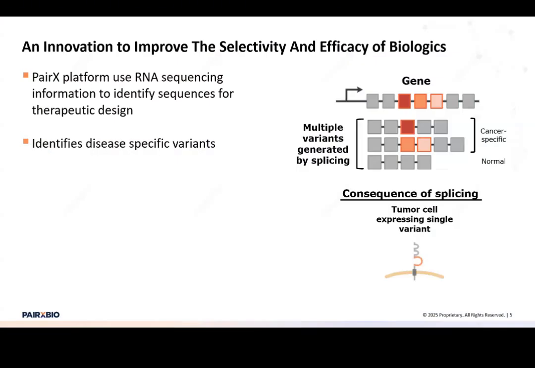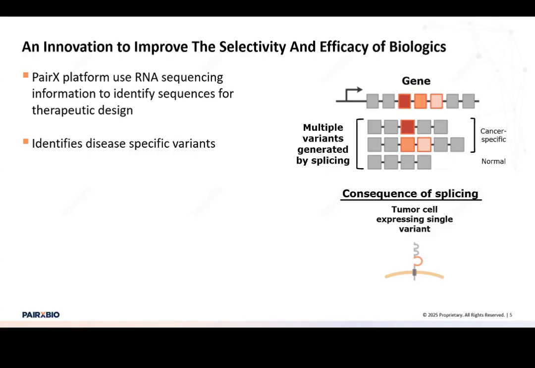This next slide shows how we achieve it. In the cartoon on the right, there is a gene, and you can see multiple transcripts originating from that single gene. The exons colored in orange are the exons which are cancer selective.